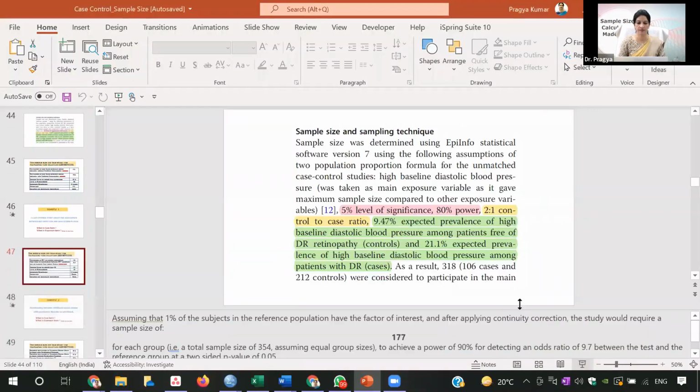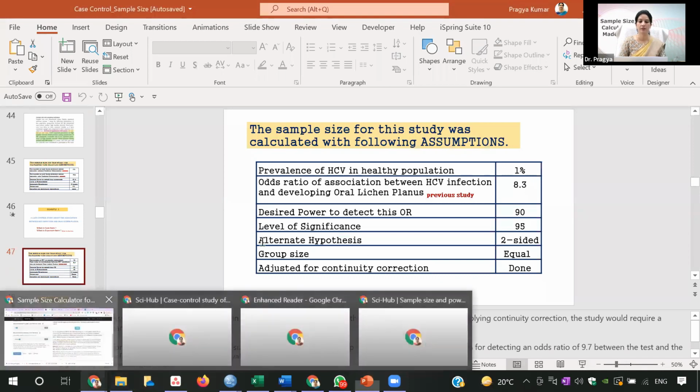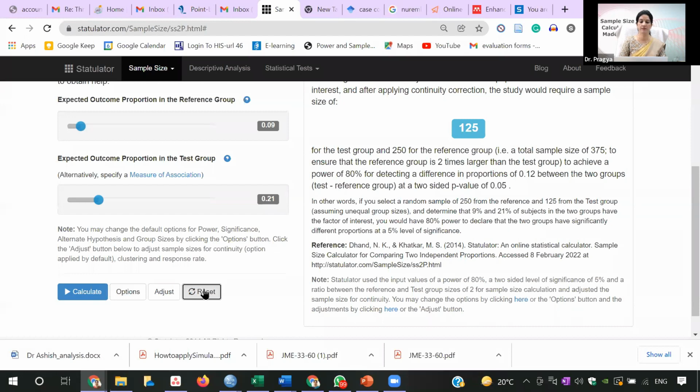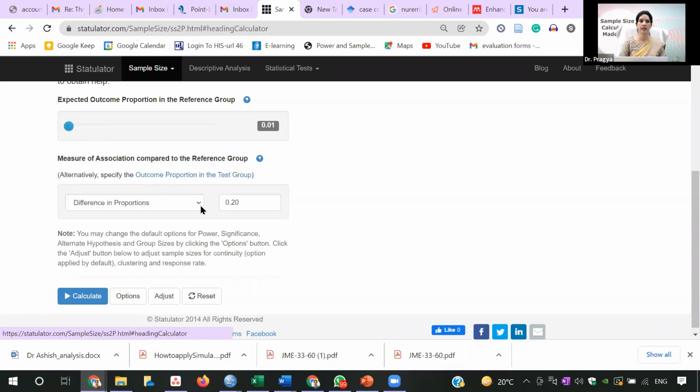In this case, I'll reset this. The first is 1%, which will be 0.01. The second is a measure of association, so instead of the difference in proportion, I will use the odds ratio, which in this case is 8.3.